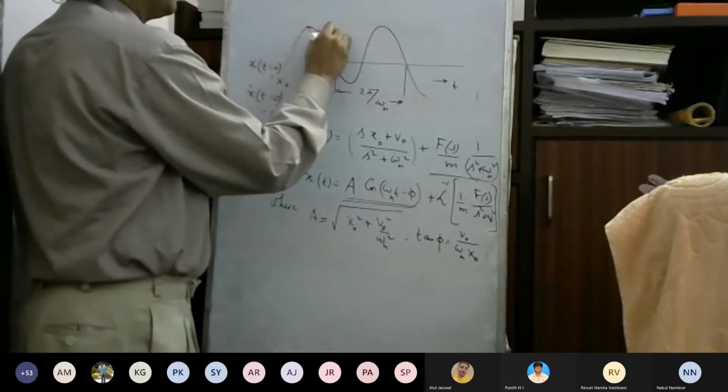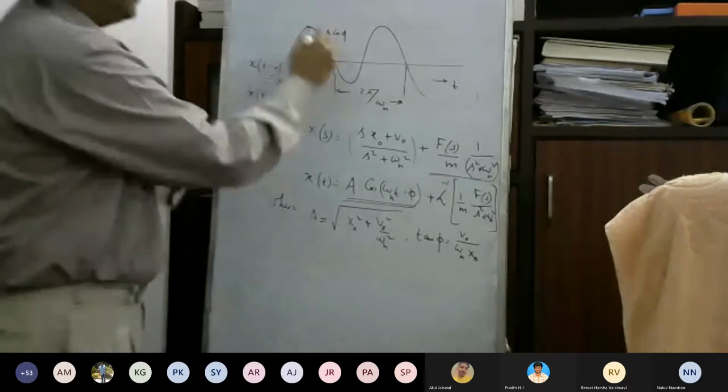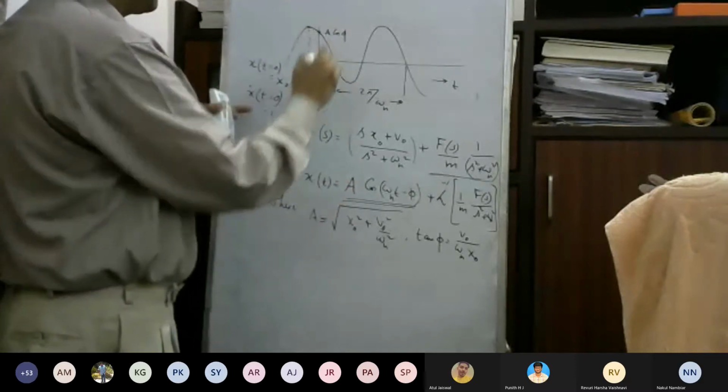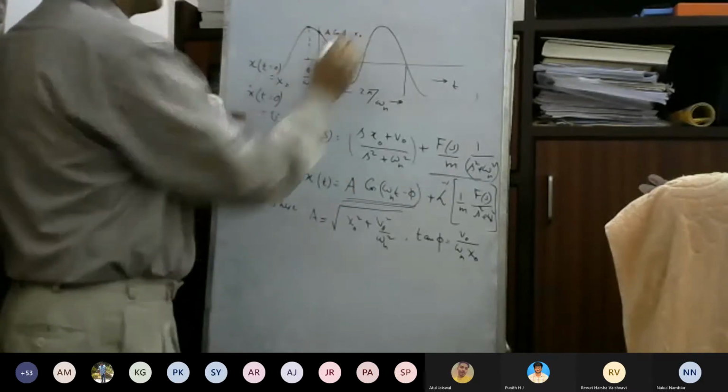So this is a cosine phi, where x equals a cosine phi, and this is equal to x0.